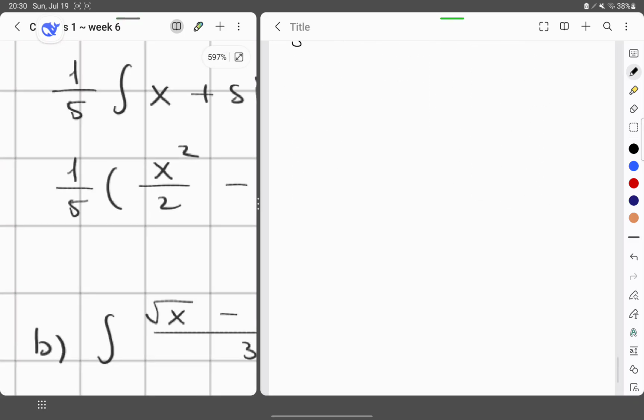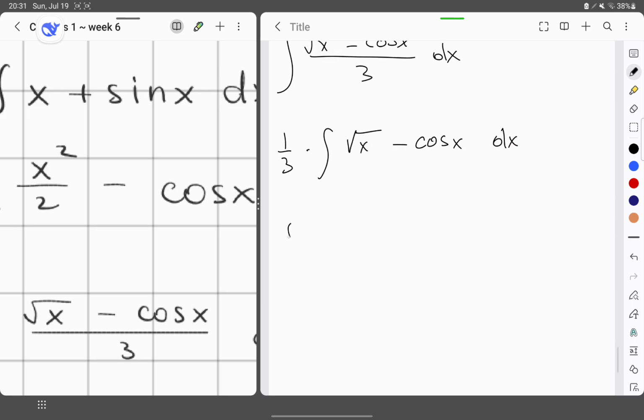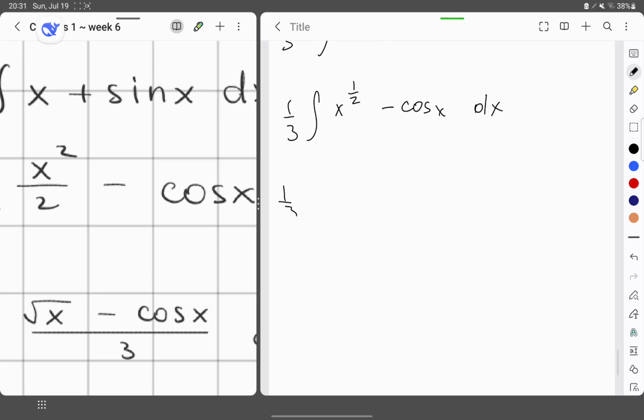So let's try to do this one. The integral of the square root of x minus cosine x over 3 dx. It will be what? 1 over 3 times the integral of x to the under root of, or what we thought, I don't know, dx. 1 over 3 times x to the power of 1 over 2 minus cosine x dx. 1 over 3 times x to the power of 3 over 2 minus cosine will be what?